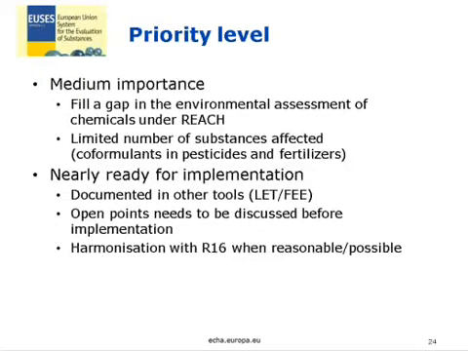But on the other hand, it is nearly ready for implementation, it is documented in other tools, even though, as said, open points need to be discussed. Anyway, one of the advantages of this implementation, as said before, is the harmonization of the tool with the R16 guidance as far as possible.